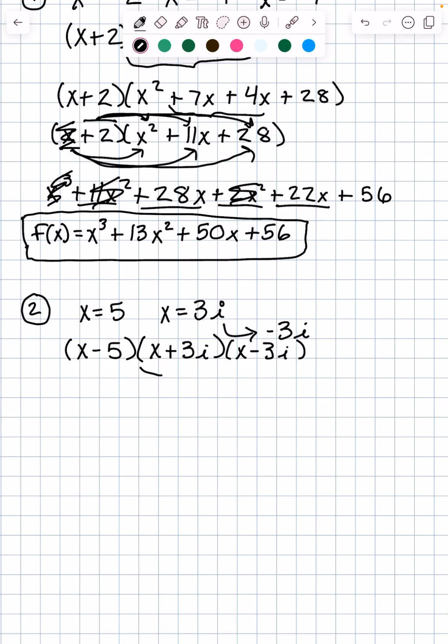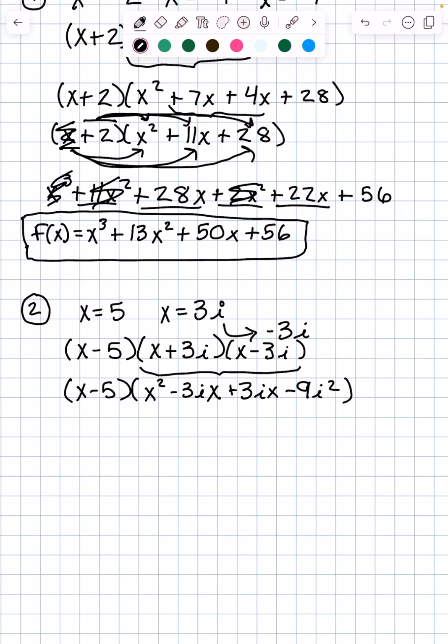So let's start by just multiplying these two binomials together. So I still have the x minus 5 out front, but here this becomes x squared minus 3ix plus 3ix minus 9i squared.